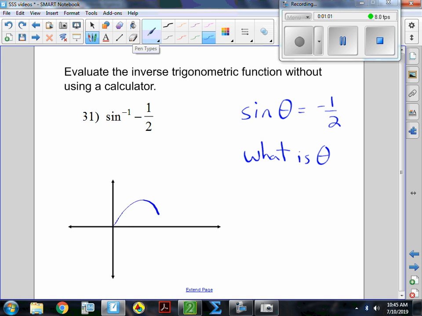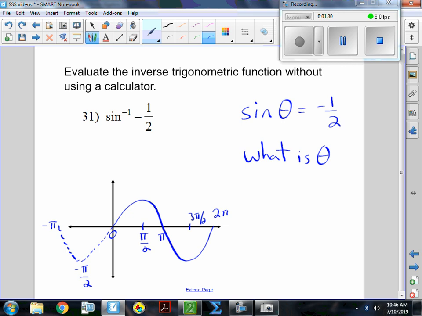So it starts at 0, goes up to 1, through 0, down to negative 1, back up to 0. And that goes from 0 to 2 pi. We can also go in the backwards direction, go to negative 1 and come up. That's negative pi over 2. This would be at positive pi over 2, 3 pi over 2, etc.